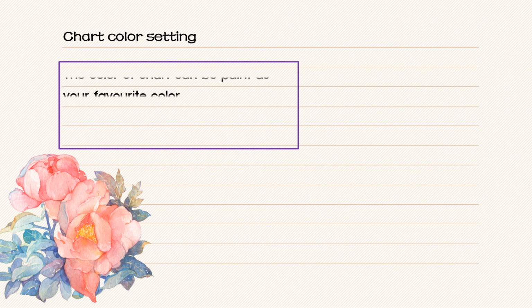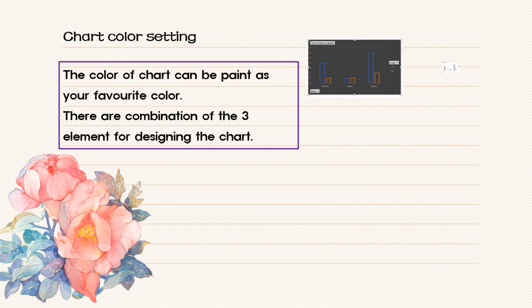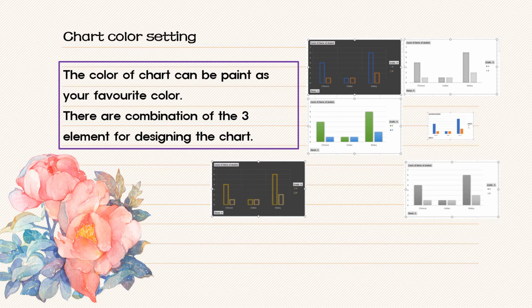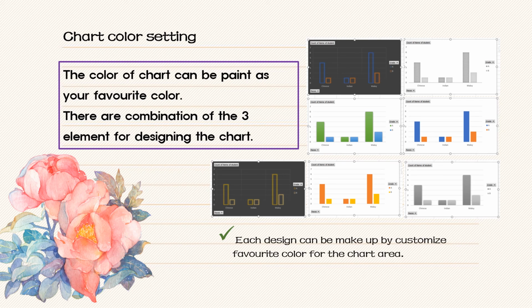Next, you see the chart color setting. The chart color can be painted in your favorite color. There is a combination of the three design elements in the chart, like layout and designs. So here in the color setting, you may select the color, either the color of the bar, the color of the background, the color of the lines, whatever you want. You may create it on your own.